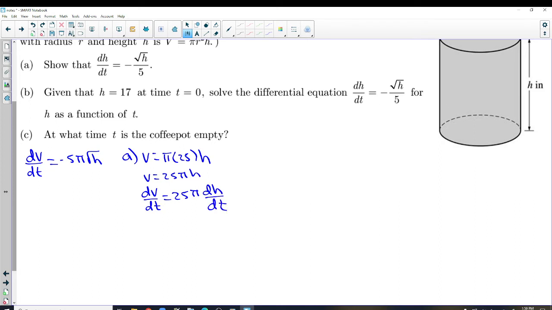Oh, we got the integral. Pretty sick. We get dh over square root h equals 1 over... You put the h's together and you put the t by itself.